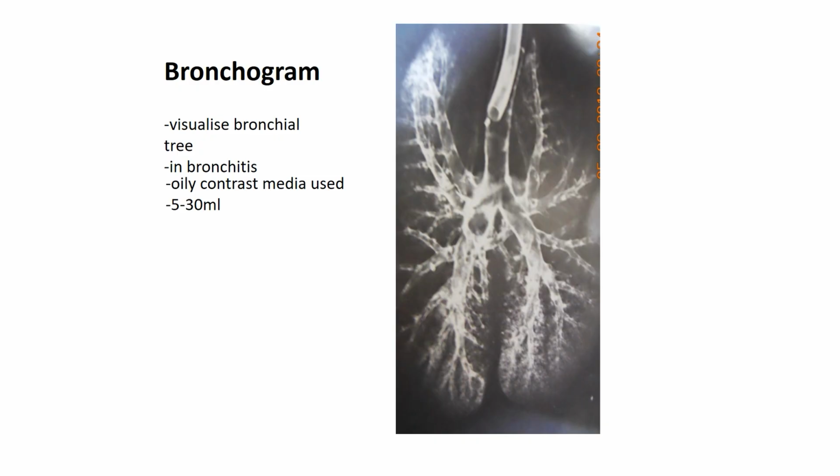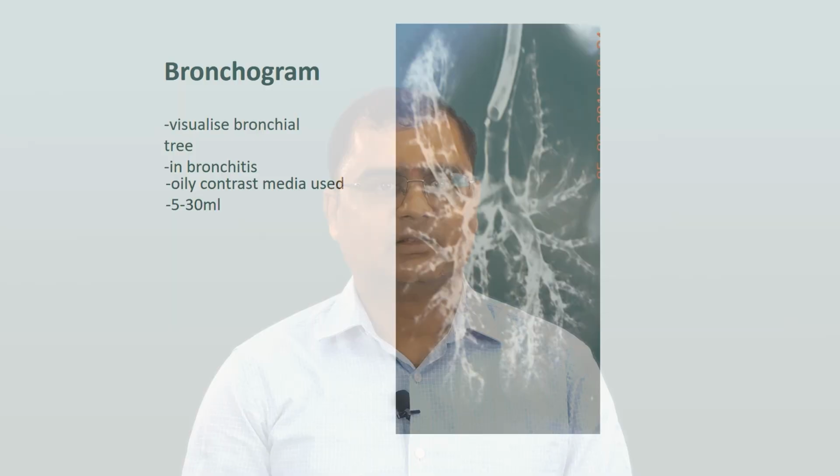Another technique is bronchogram. A bronchogram is a contrast radiography of the bronchial tree. It is indicated for bronchitis, asthma, or any diseases related to the bronchial tree or the lungs.